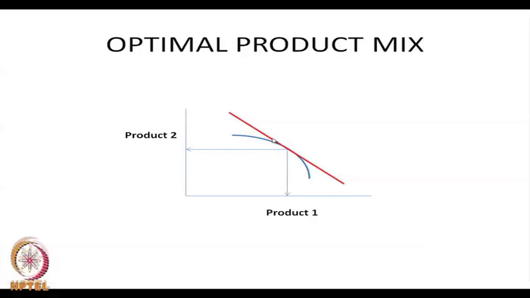So, this is an example of deciding how much of product 1 and how much of product 2 should be produced, given their unit selling price.